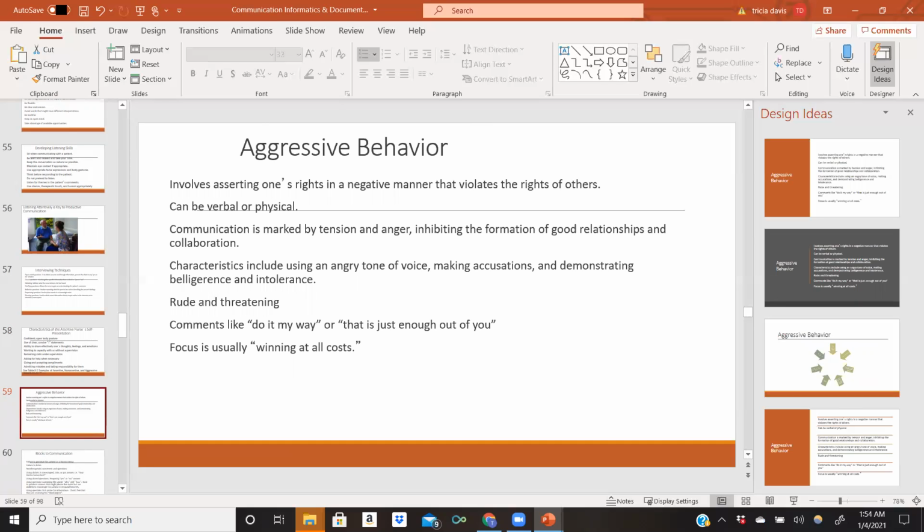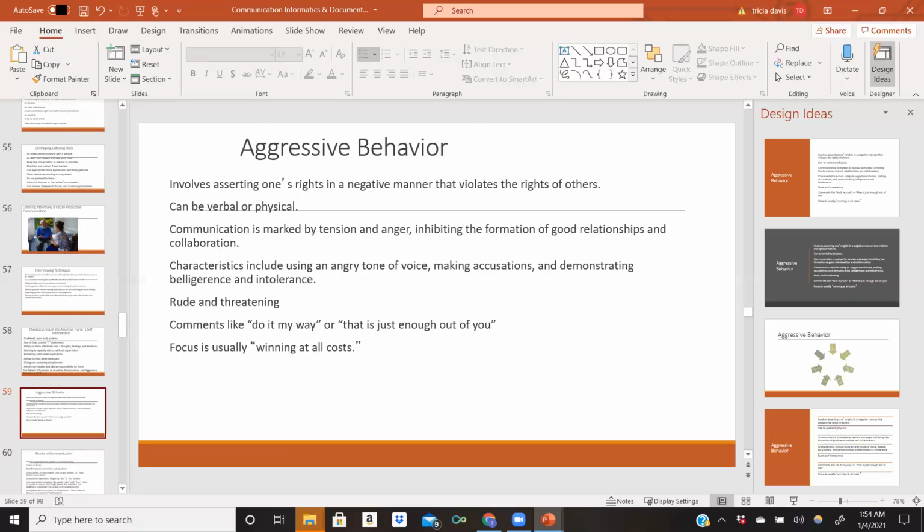The characteristics include using an angry tone of voice, making accusations, and demonstrating belligerence and intolerance of a situation. Aggressive behavior is rude and threatening, and it's not welcome in the healthcare field. It's actually not welcome anywhere, especially in the healthcare field where people are sick.